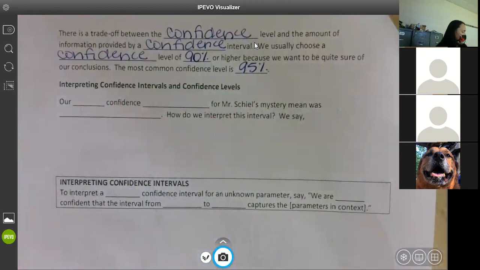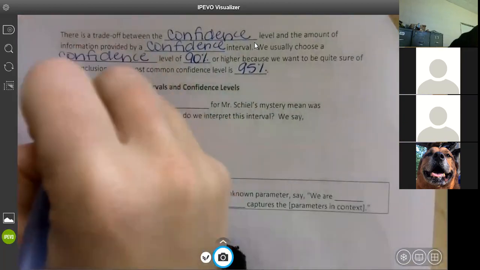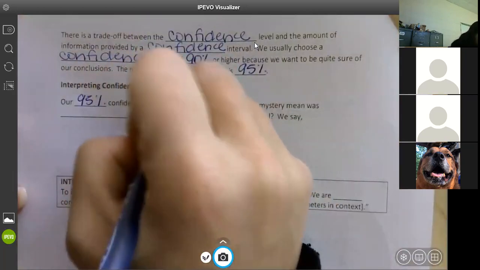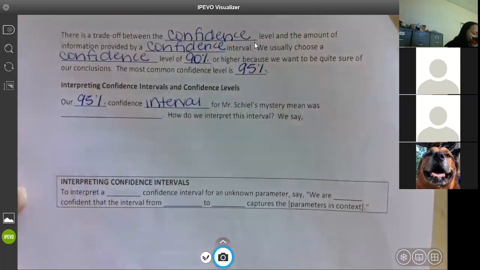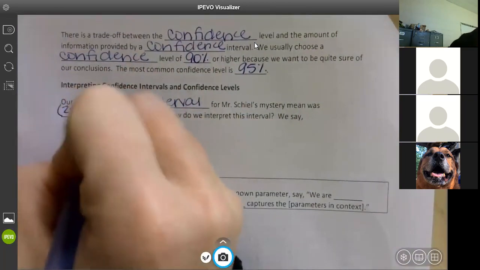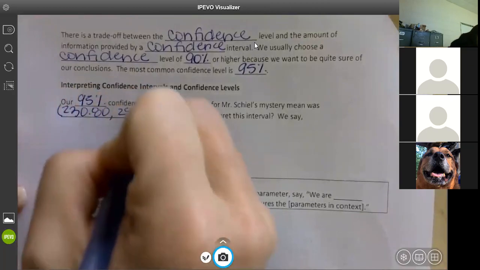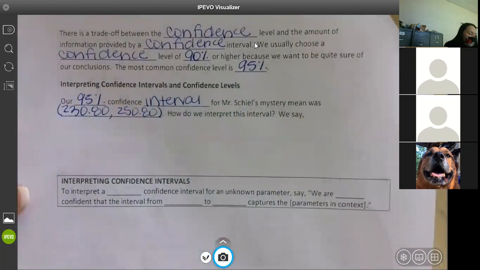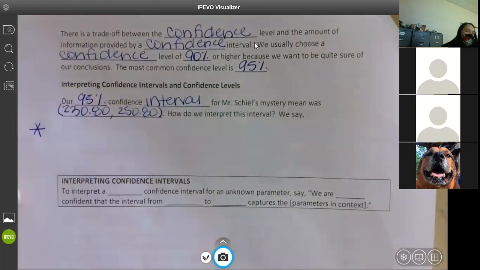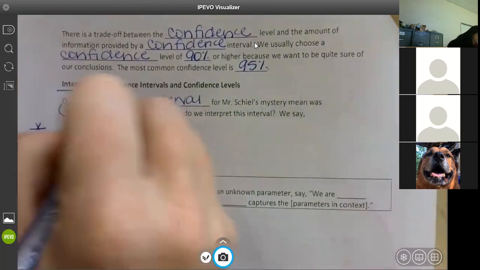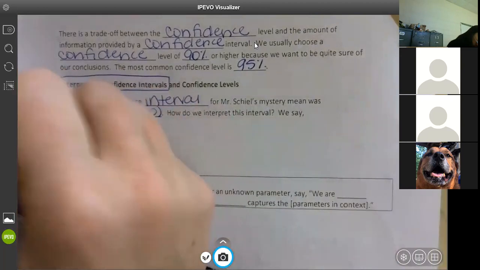Interpreting confidence intervals and confidence levels. Our 95% confidence interval for Mr. Shields' mystery mean was 230.80 to 250.80. How do we interpret this interval? And this is what we say. So this is what you need to know. Okay, so it's going to ask you to interpret a confidence interval. This is the one right here.